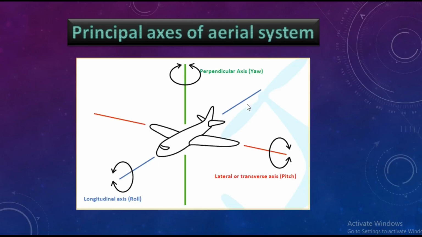Blue line shows the longitudinal axis and red line shows the lateral or transverse axis. So with the help of the longitudinal axis, we are controlling the roll motion of the airplane, and pitch is controlled by the lateral or transverse axis and yaw is controlled by the perpendicular axis.